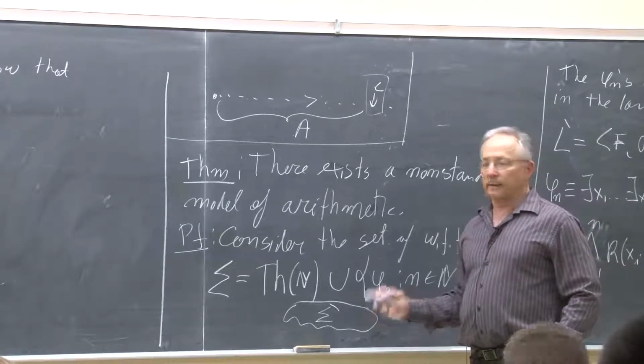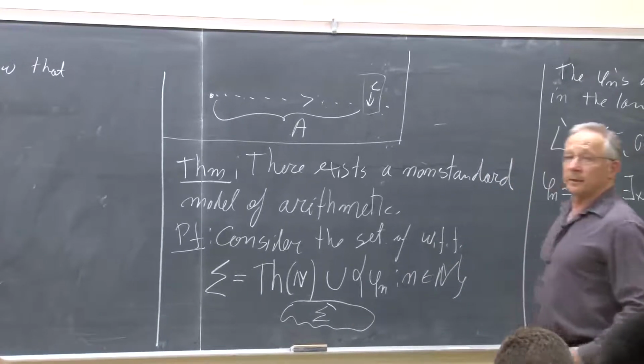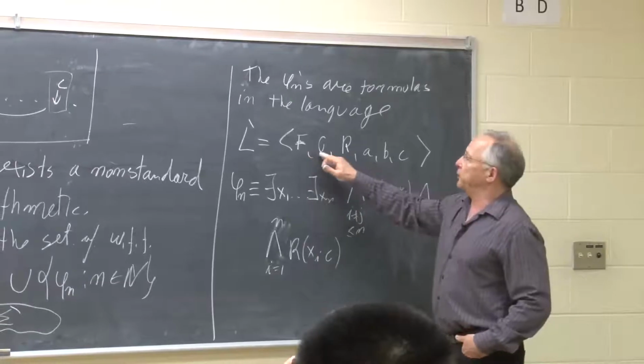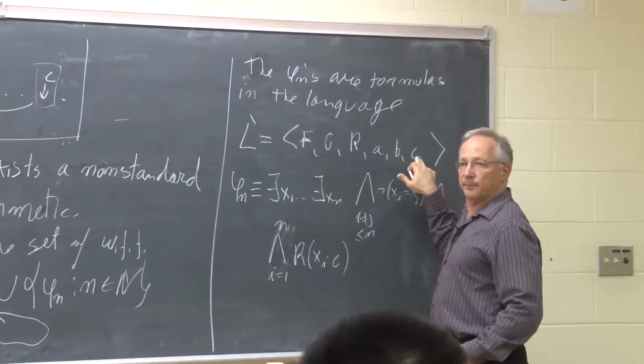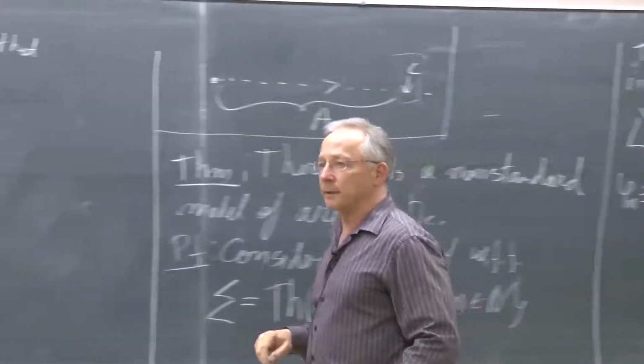And the trick is, note that now it should be a structure for the new language. So in this new structure, we will need an interpretation for F, G, R, A, B, and an interpretation for C. So it should be a structure for the language L prime.